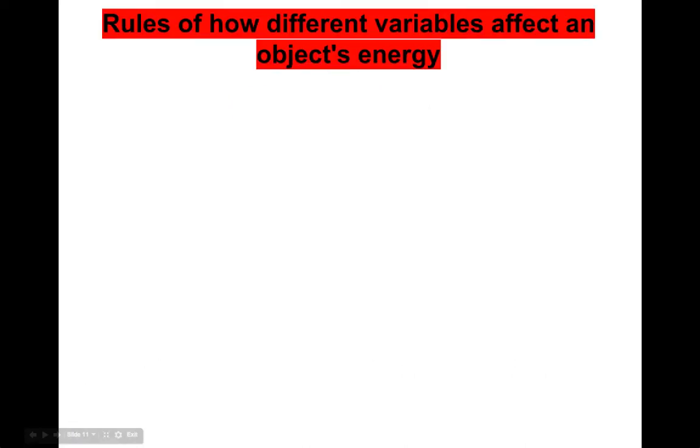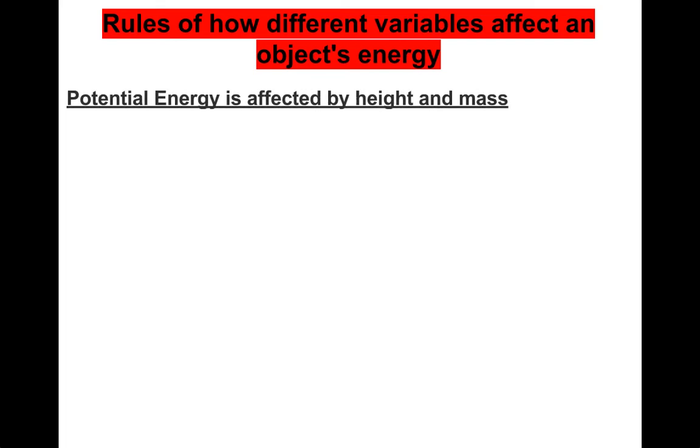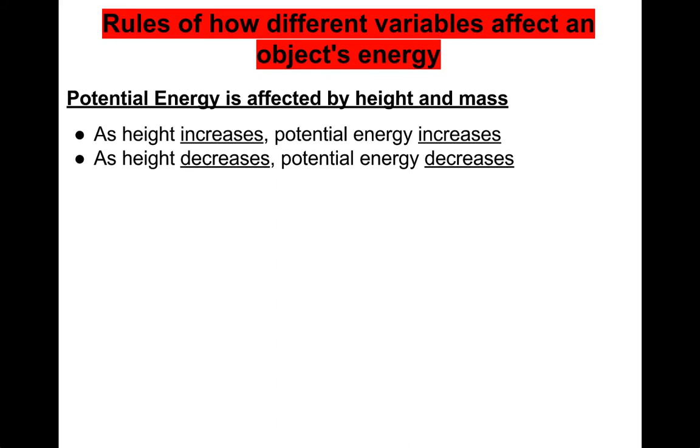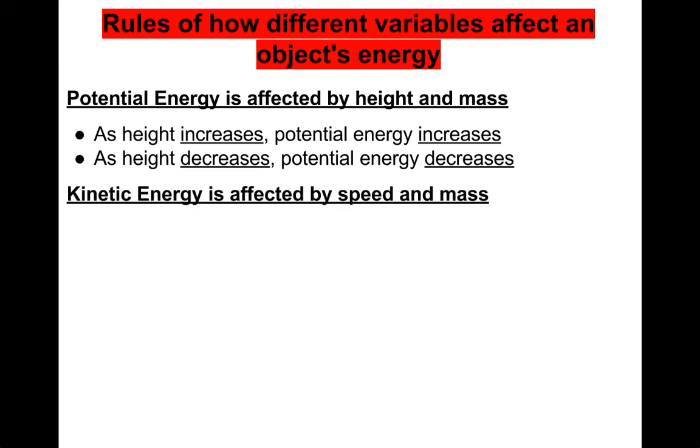So the rules of how different variables affect an object's energy. So potential energy, just to sum it up, is affected by height and mass. As height increases, potential energy increases. As height decreases, potential energy decreases. So they have a direct relationship. Kinetic energy is affected by speed and mass.